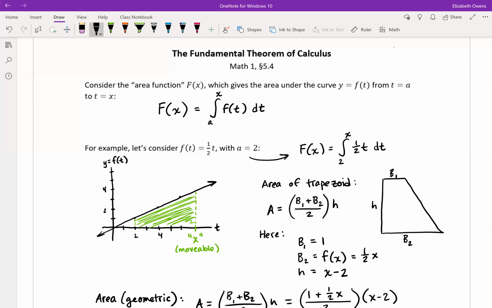In section 5.4, we had just seen how if you compute an area function for a certain function, that gives the area under the curve f of t from t equals a to x, so that's setting up an integral here.